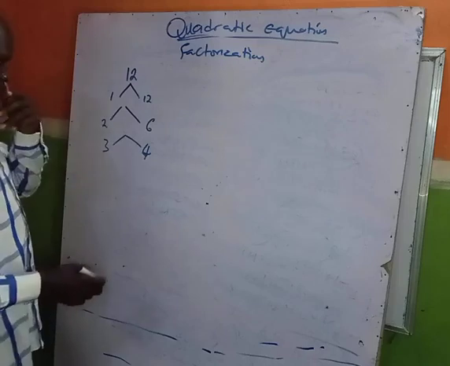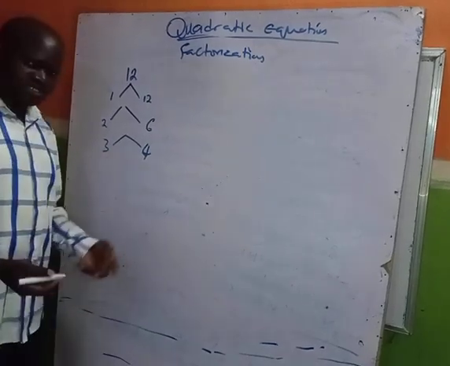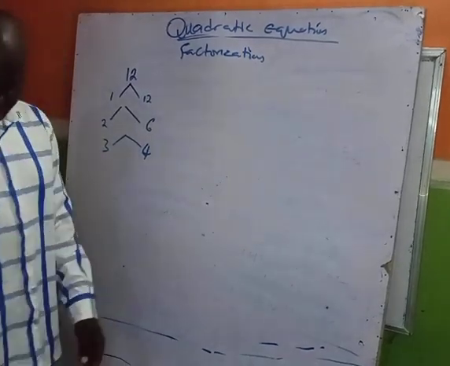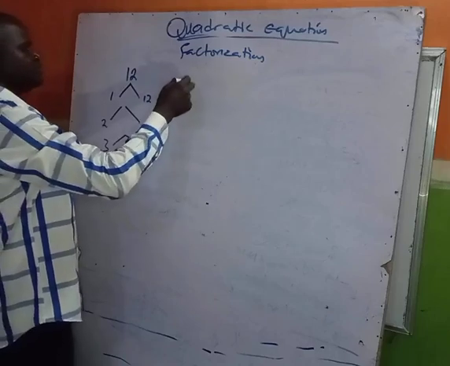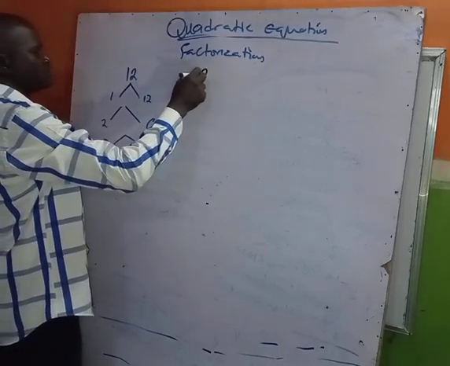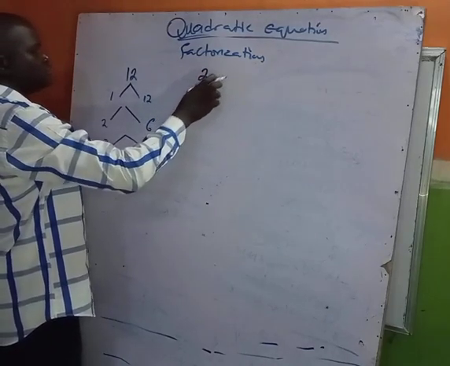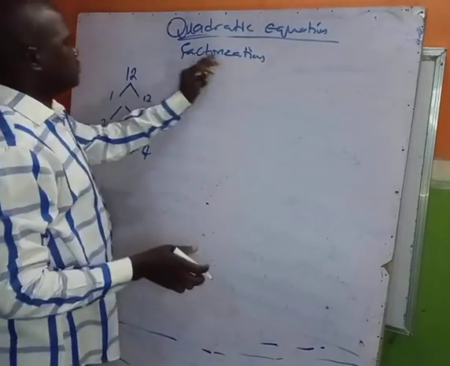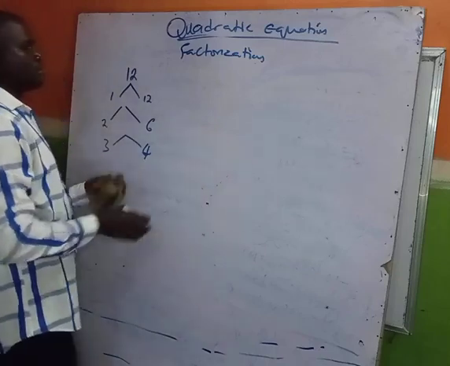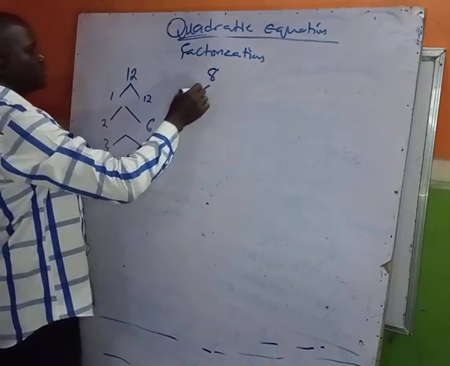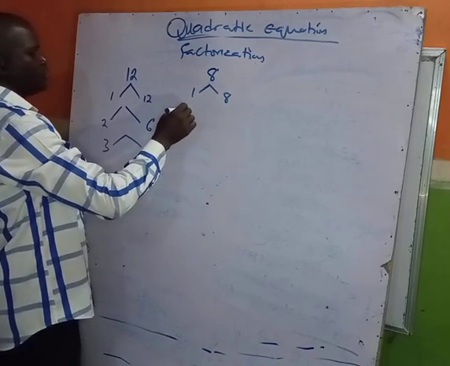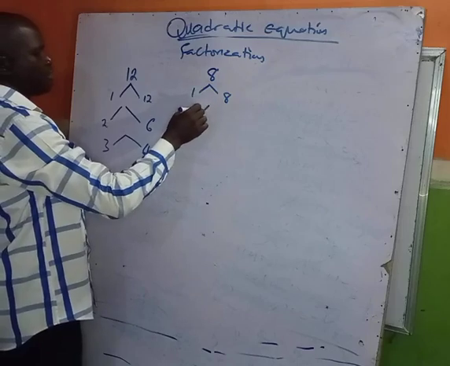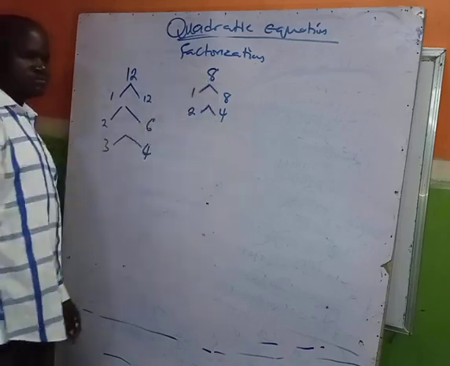So this is factor pairs of 12, and you can have that of any number you want. So the factor pairs of 8, you can have it as 1 and 8, and 2 and 4, and so on.